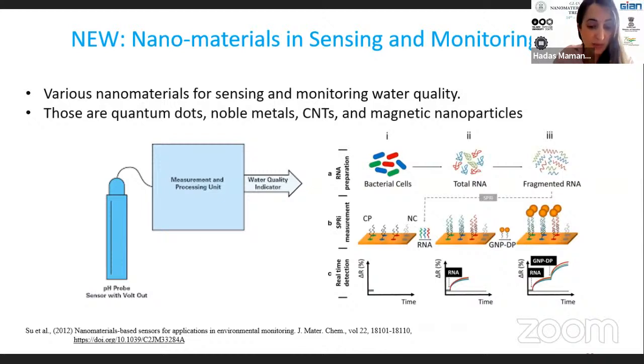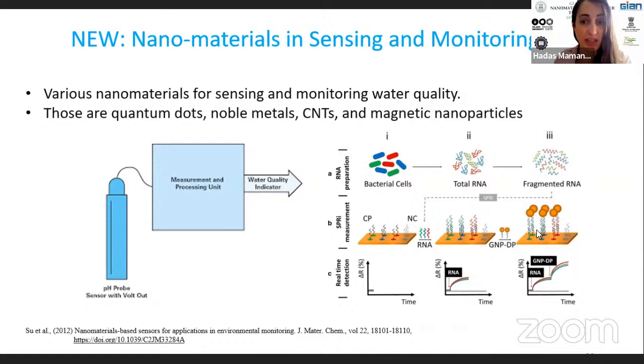So various nanomaterials, such as carbon nanotubes, gold nanoparticles, silicon nanowires, and quantum dots, have been extensively explored for detection and measuring, for example, toxic metal ions, pesticides, and hazardous industrial-based chemicals.